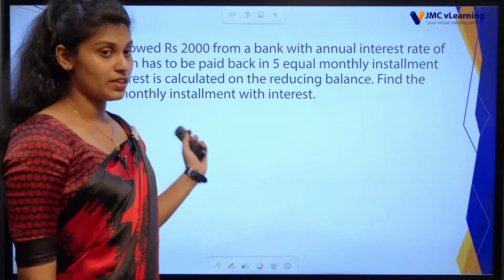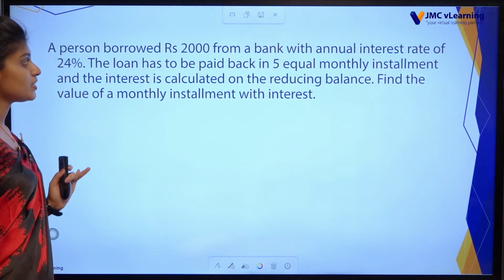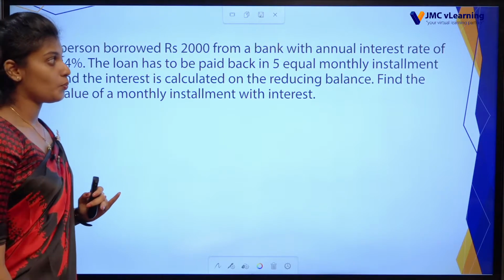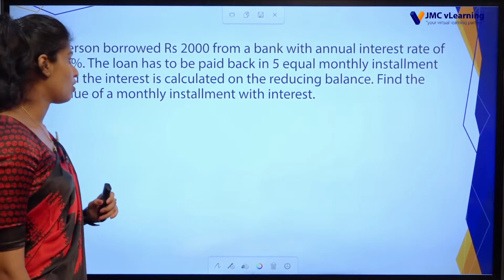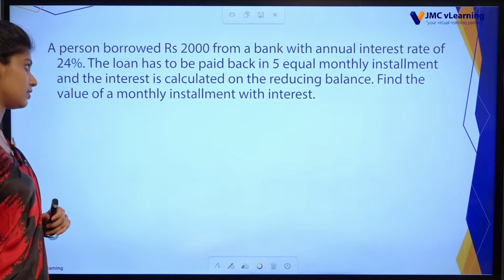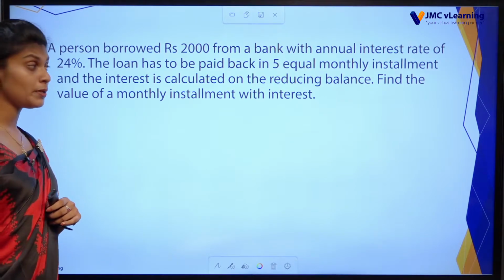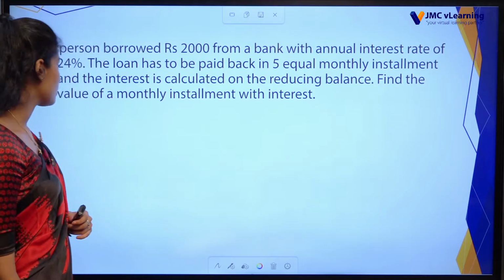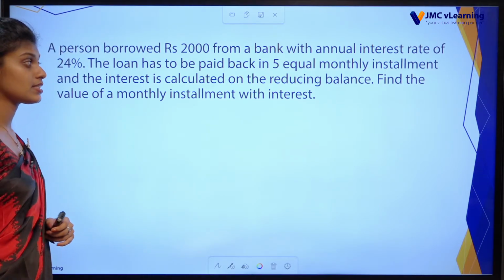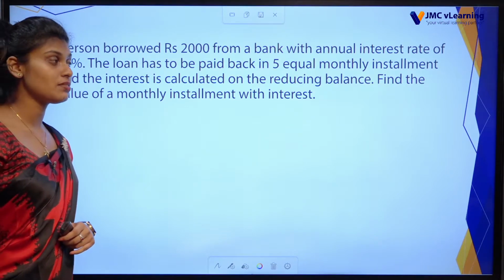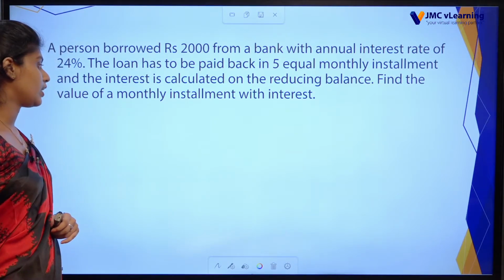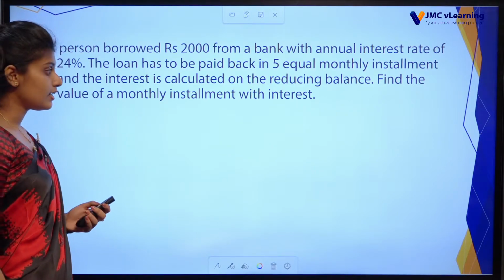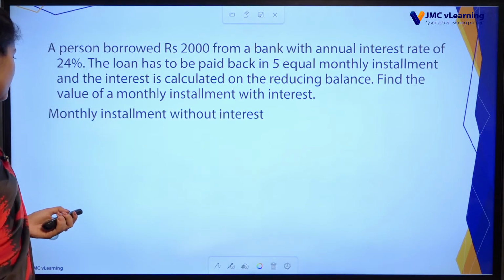This is a new example. A person borrowed 2000 rupees from a bank with annual interest rate of 24%. The loan has to be paid back in 5 equal monthly installments, and the interest is calculated on the reducing balance. Find the value of a monthly installment with interest. Let's do step by step.